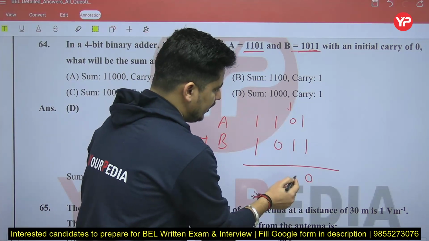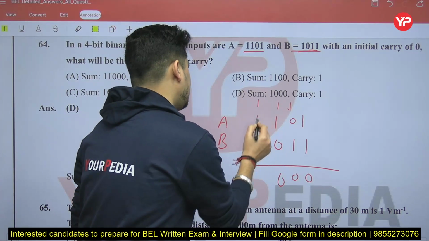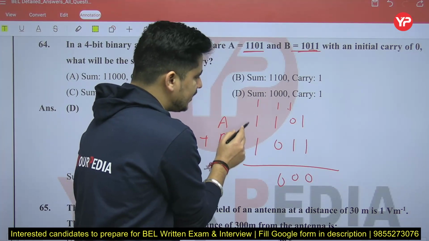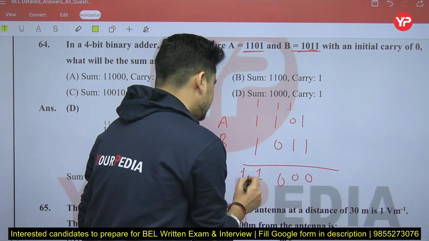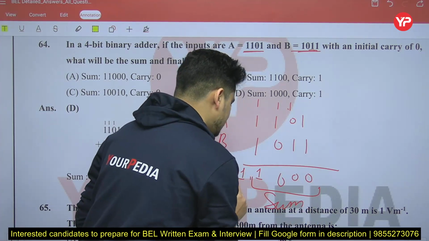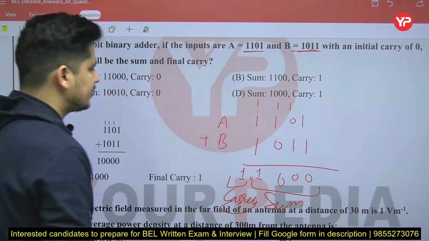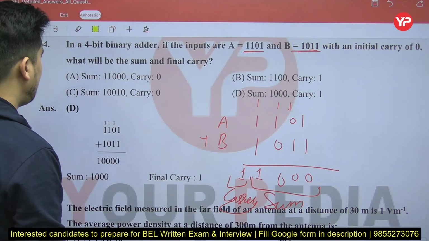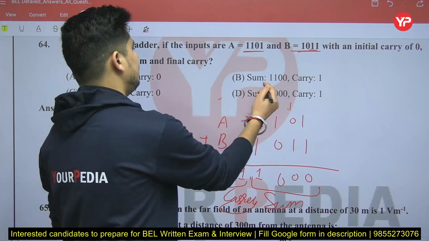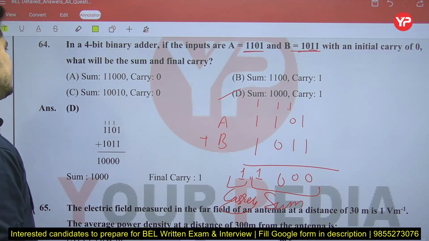And 1 again gives 10, 1 carry here, 1 again 10, 1 carry here, 1 plus 1 is 10. So this is the sum and this will be the final carry. So the sum is 1000 and the final carry is 1. So what will be the answer? That is T. Sum and carry is 1.